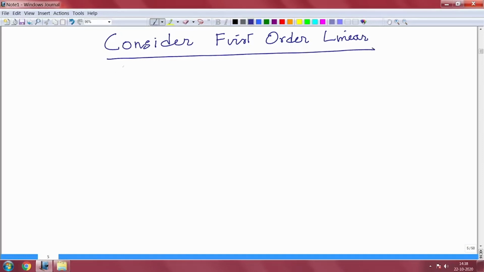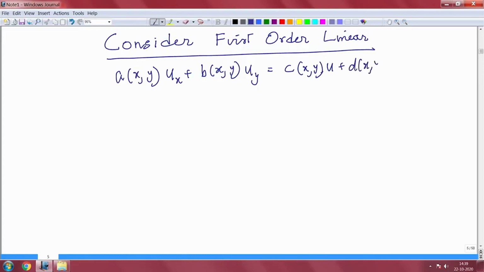So, what is the first order linear equation? Your equation is a(x,y) u_x plus b(x,y) u_y equal to c(x,y) u plus d(x,y). Okay. So, this is your first order equation.